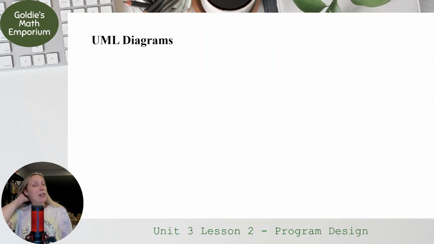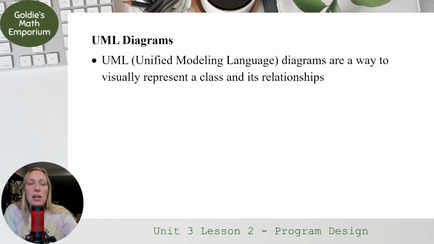Now, the way we can organize all of this information is with what we call a UML diagram. UML stands for Unified Modeling Language, and it's a type of diagram that allows you to visually represent a class and the relationships. I'm going to show you an example of a UML diagram just for a dog class, right?